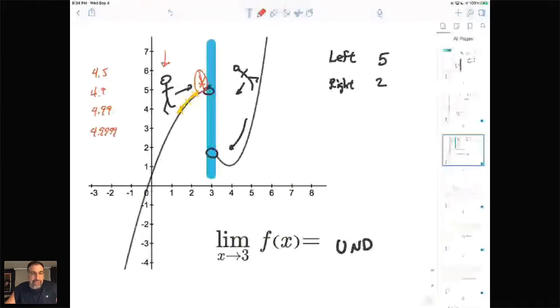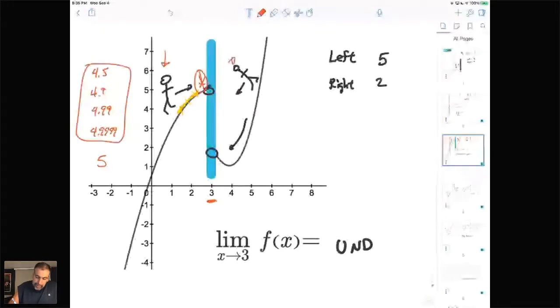So now his job is to take this information and make a deduction as to what the y value will be at 3. He looks at it and says, okay, we're getting closer and closer to the value 5. And that's his answer. The key here is to understand that the limit never actually gets to the value of 3. It stops just short, and then you make a guess as to where you'll be.